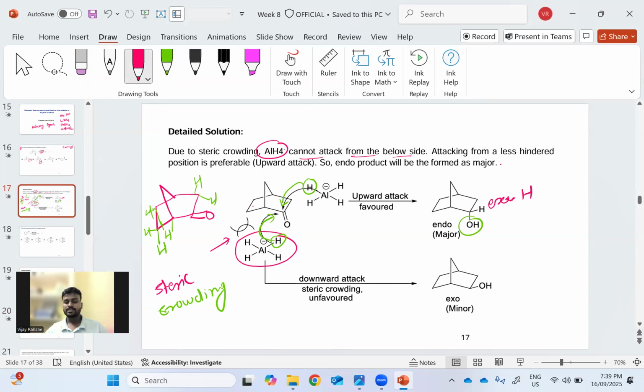So the exo hydrogen will be there, and the endo hydroxy group will be the major product.